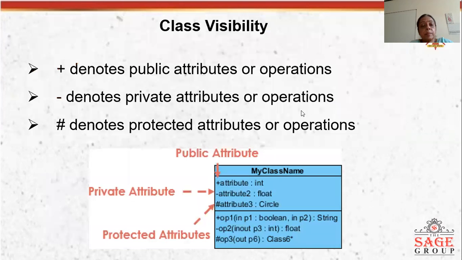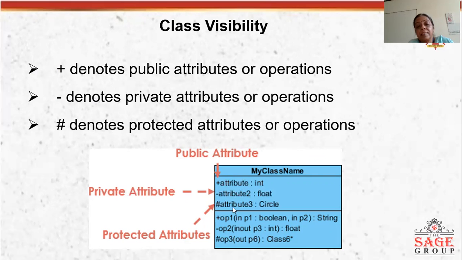Now, you can see here one more thing: plus, minus, and hash. These notations represent the type of accessibility mode. If you put a plus sign, it means this attribute is public; you can access it outside the class. Minus means the attributes and operations are private.